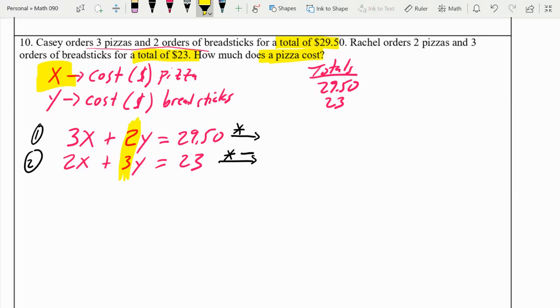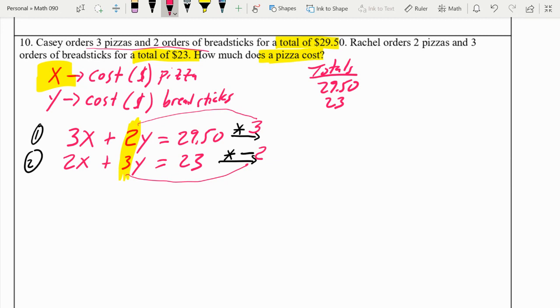So what happens if I multiply the top equation by 3 and the bottom equation by -2? 2 times 3 gives me 6, and 3 times -2 gives me -6. Will those two cancel each other out? Yes.